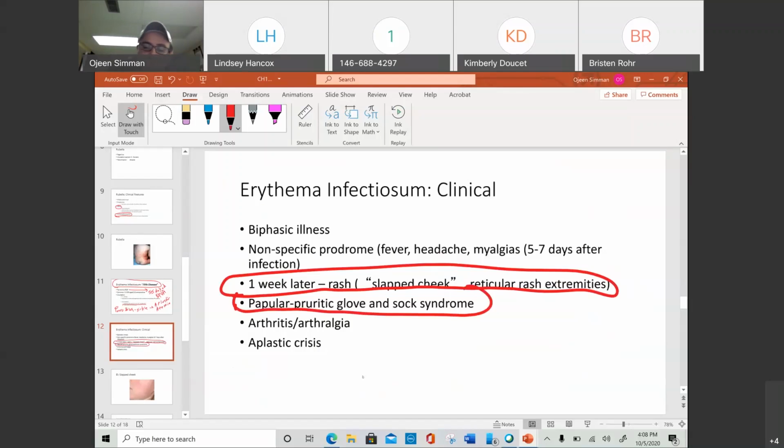In some patients, it can cause arthritis or arthralgia. Arthralgia means joint pain. And as we said, in sickle cell anemia patients, it can cause aplastic anemia. This one is going to be more commonly found in the adolescent population.